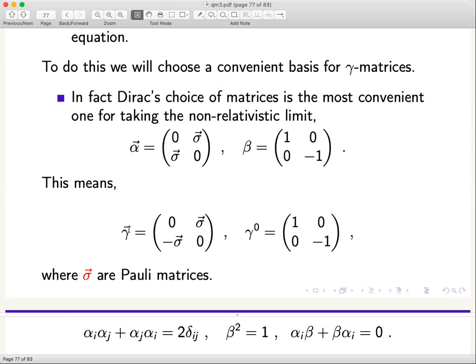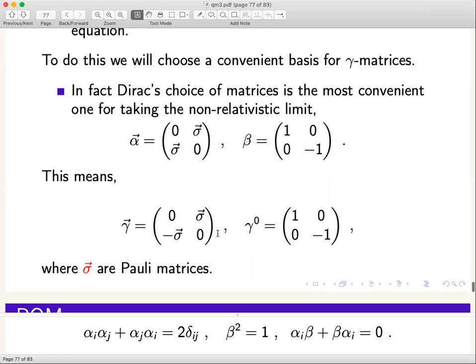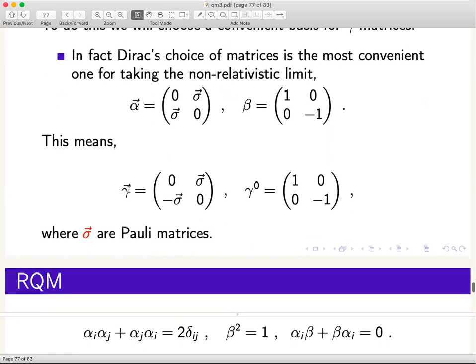That tells you that gamma dagger is equal to minus gamma, and that's precisely the condition for a matrix to be anti-Hermitian, that under Hermitian conjugation it flips sign. So we see that this choice coming from the Dirac matrices naturally has the anti-hermiticity condition.